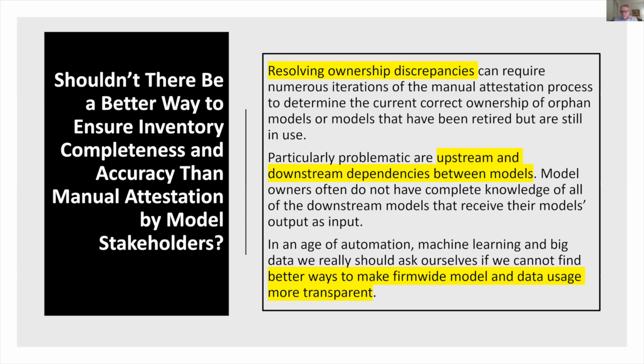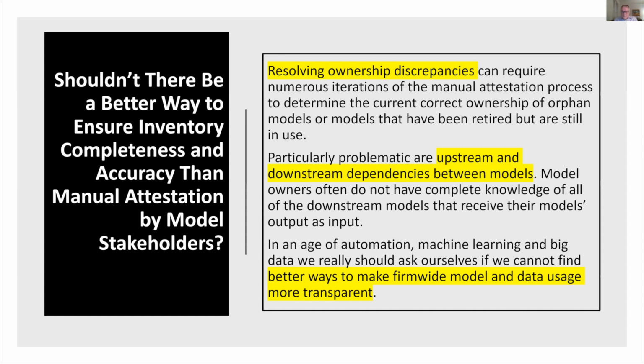I have no idea who owns them. And there would be many iterations of this, and eventually I would discover these models were orphans, meaning that the owners, the developers of the model, had either left the firm or moved on, and had not bothered to annotate anything in the inventory to indicate that change. So we would have these dangling models that didn't have ownership at all.